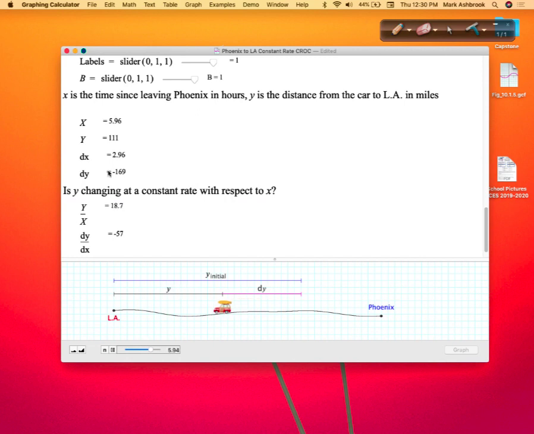So this is a computation, a quotient, as is this. Based on these four values, it's telling you the current value of each ratio or quotient. So, ask again, is y changing at a constant rate with respect to x?